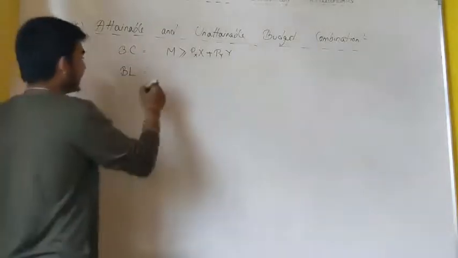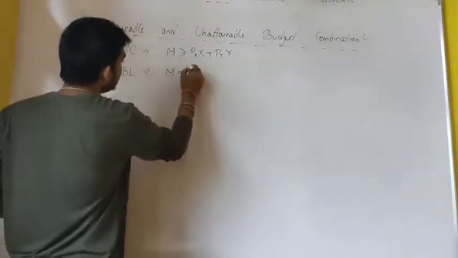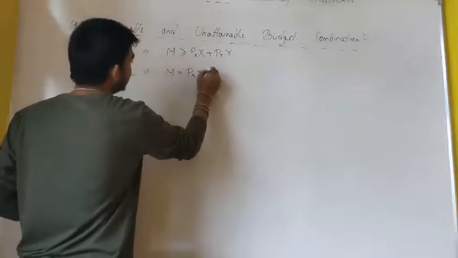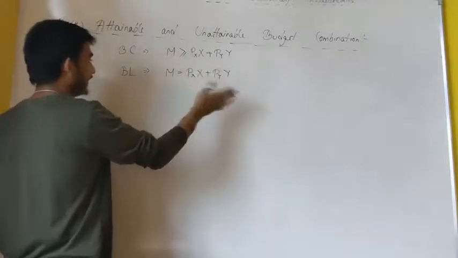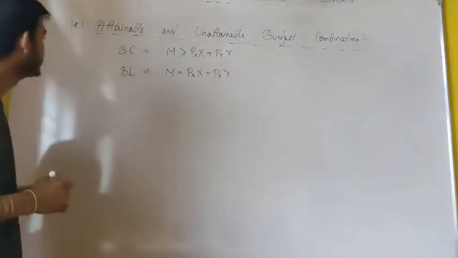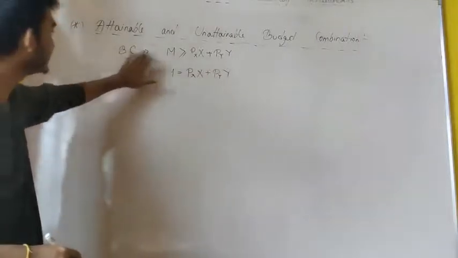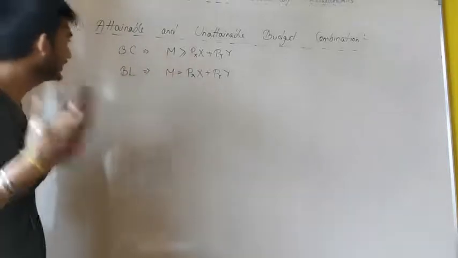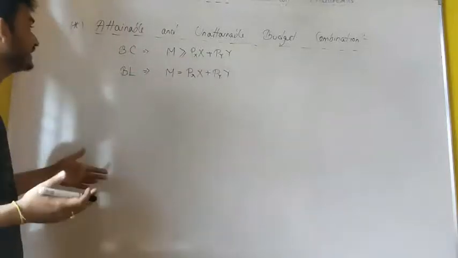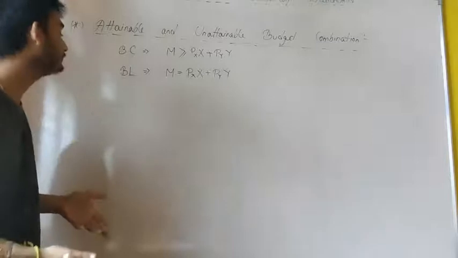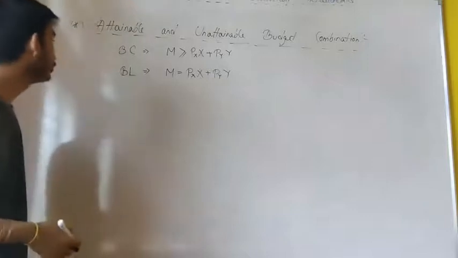Hence the budget line has an equation which says that money income is equal to my total expenditure, given the price of two goods Px and Py, and given my money income M. So this is the basic difference between budget constraint and budget line. Budget constraint says that money income has to be greater than or equal to my total expenditure, and budget line says that whatever income the consumer has, he has entirely spent it on the two goods.